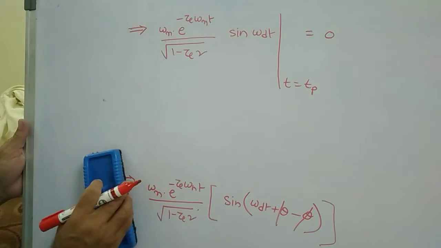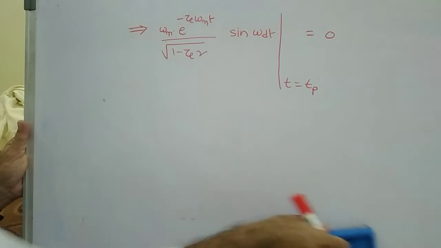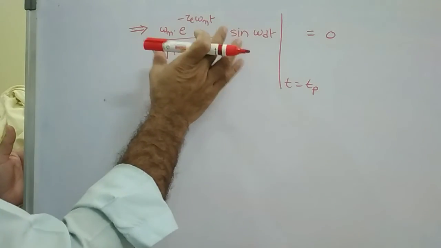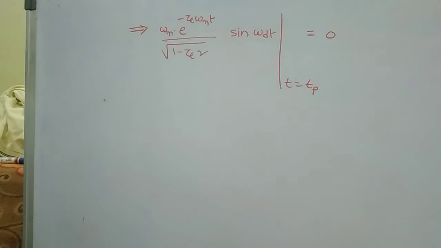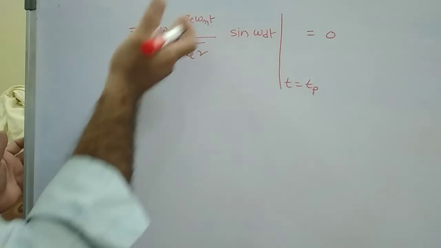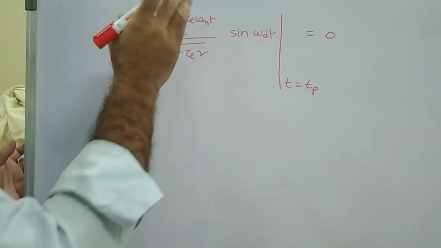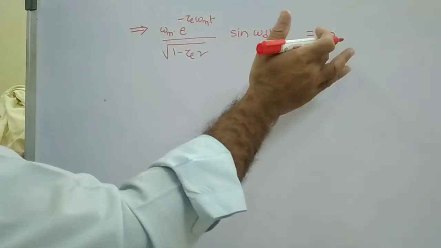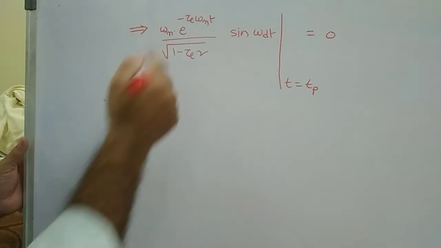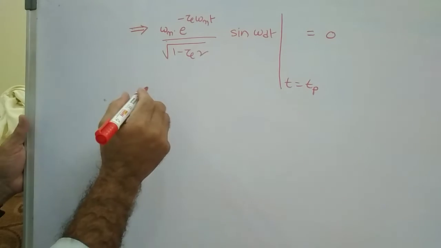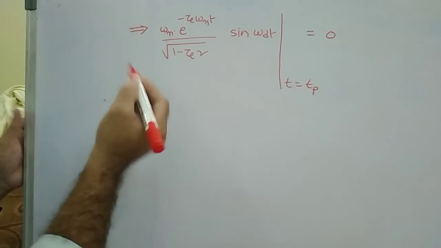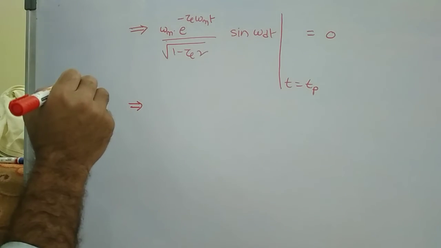Clear? Now this is the final term that remained. Means d by dt of c of t is nothing but this. This is the final term you achieved, and this final term you should equate to 0 by applying t equal to tp. So wherever t is there, you simply replace it with tp.